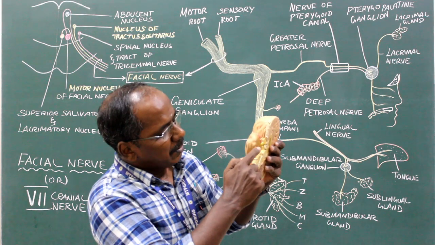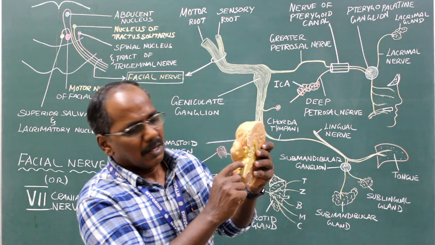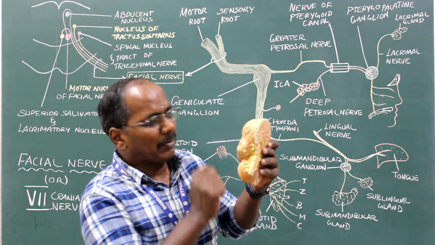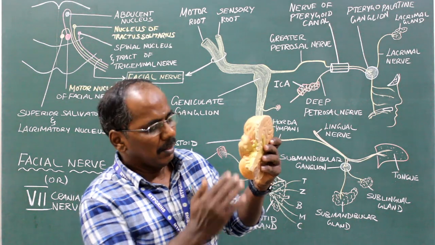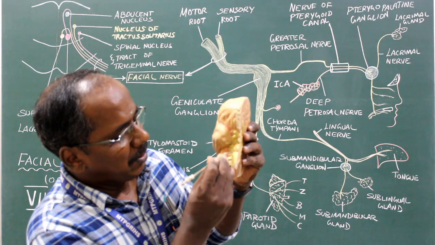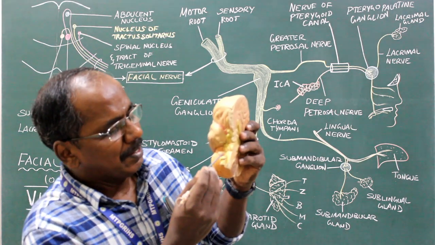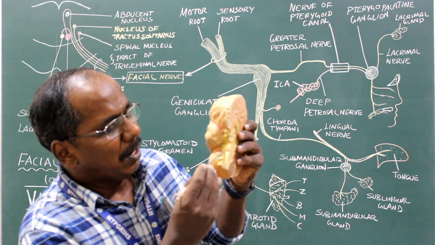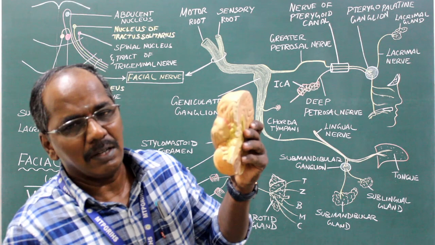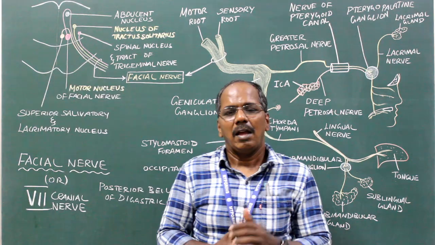This is the midbrain, pons, medulla oblongata. Lower border of the pons, just above the olive of the medulla oblongata. So it is emerging from the lower border of the pons, exactly just above the olive of the medulla oblongata. So this is the facial nerve, two roots, motor and sensory.